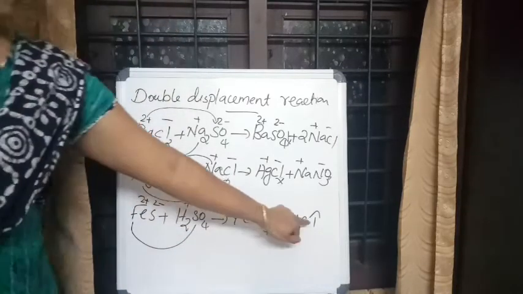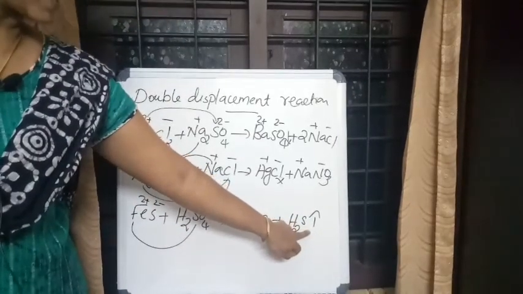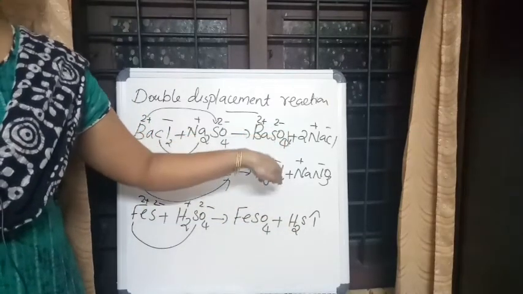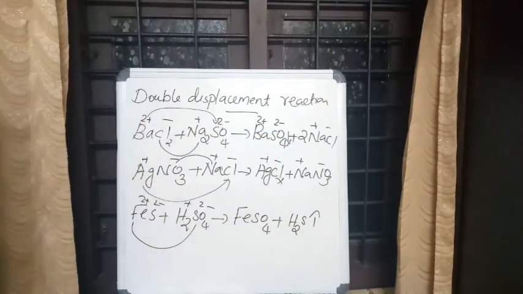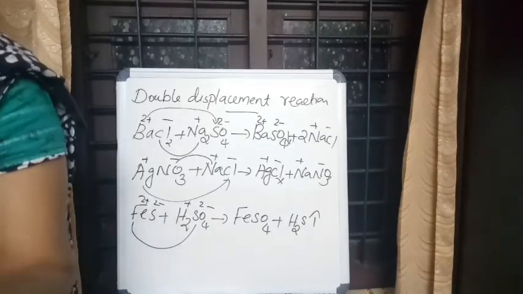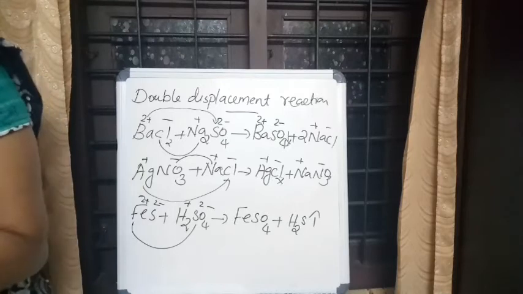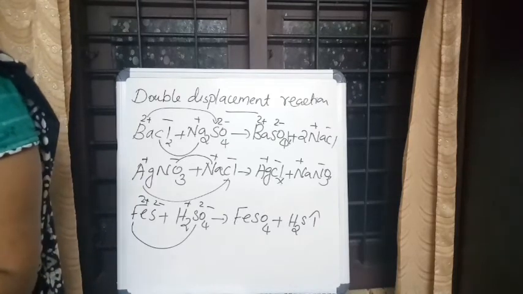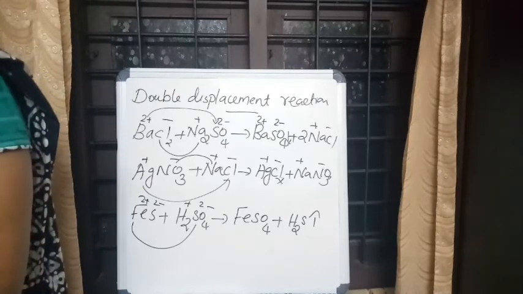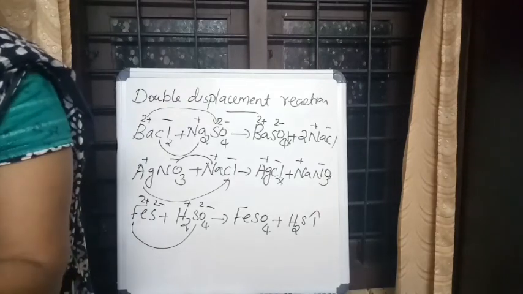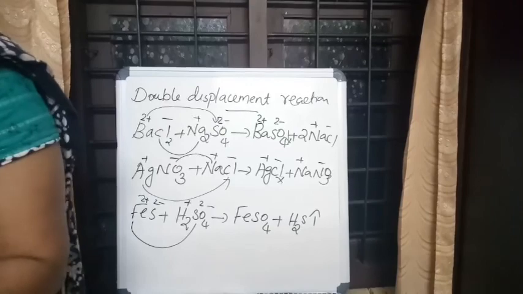You can see here the upward arrow indicates this is a gas, and the downward arrow indicates a precipitate. So, double displacement reactions are the reactions in which there is an exchange of ions between the compounds. And the last type of reaction is the redox reaction. About the redox reaction we will discuss in the next video. Watch the video carefully and make use of this video.